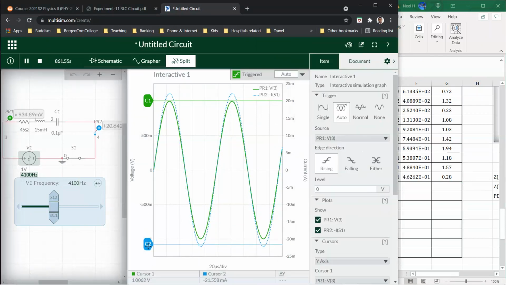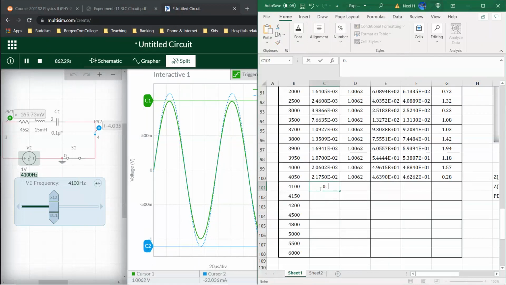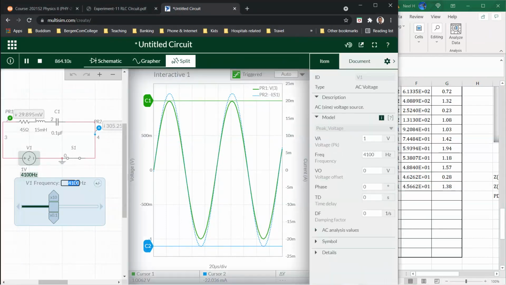It's still increasing very, very slightly. 22 now. Let's try 4150. At some point, we should see it starting to decrease.